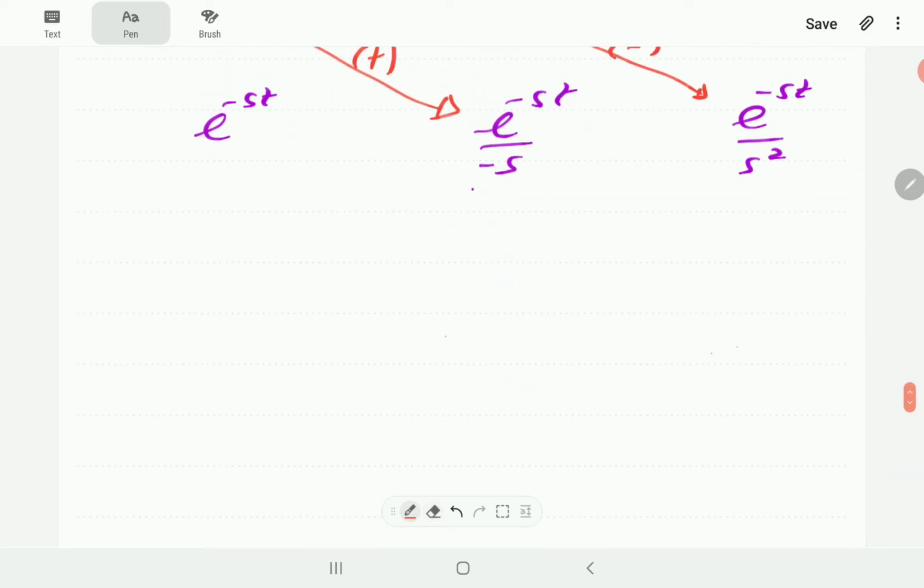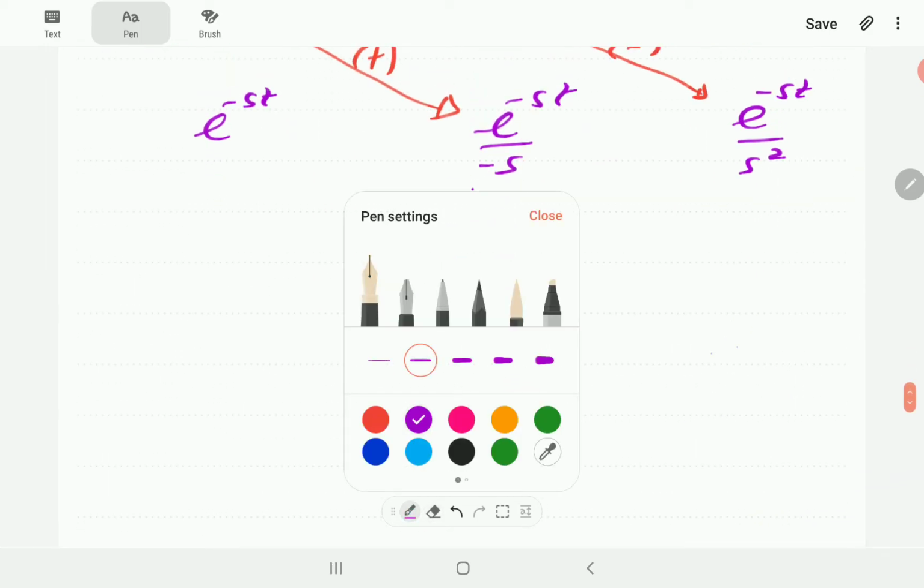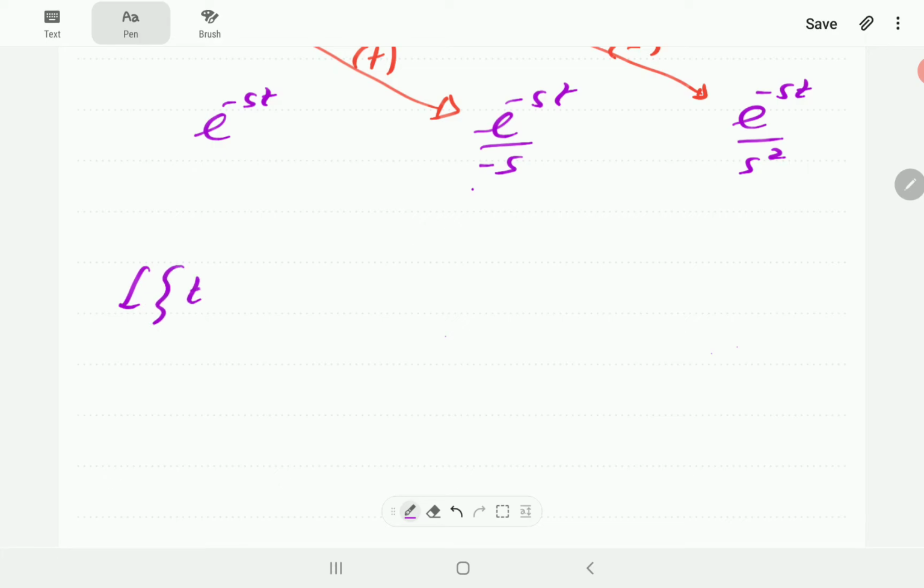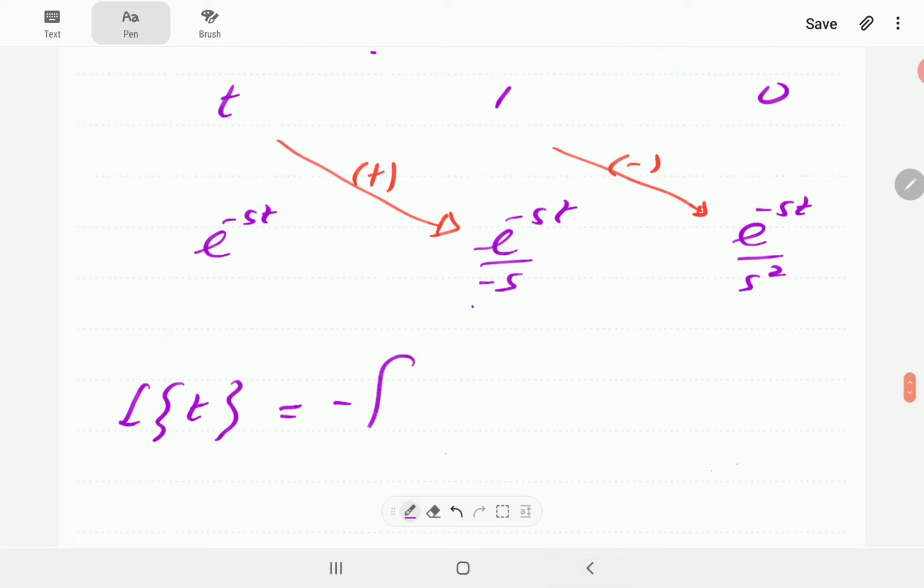So that means the Laplace transform of t is going to be the negative of t over s plus 1 over s squared, e to the minus st.